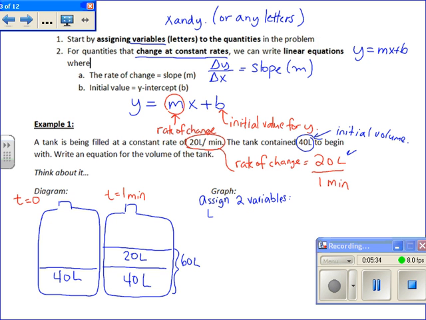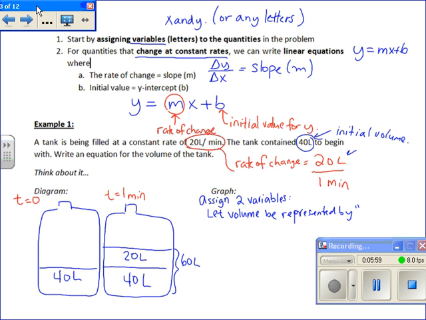What are the 2 quantities that I have in this problem? The first quantity is volume. So let's let the volume of the tank, which is in liters, be represented by a letter. Now you could use the letter B, which would be really good.